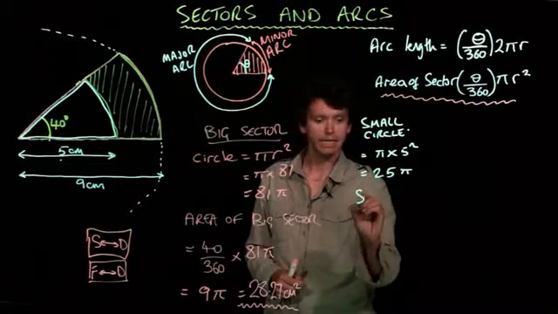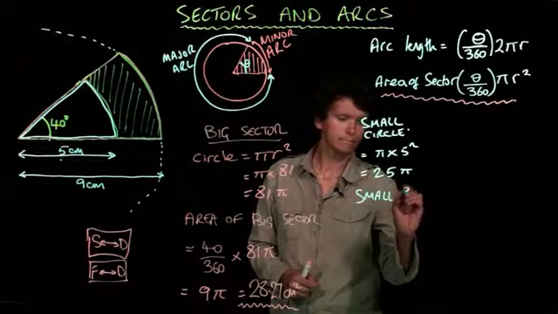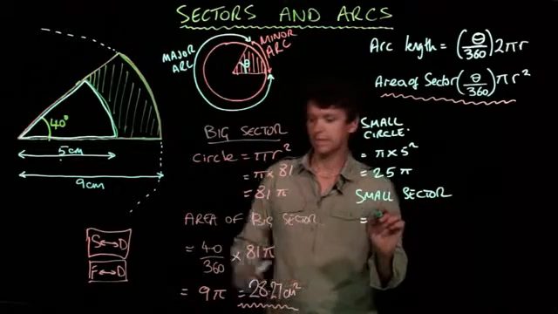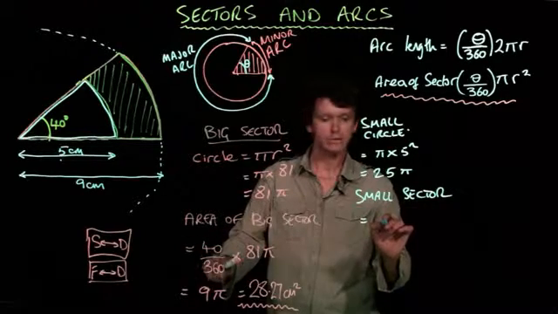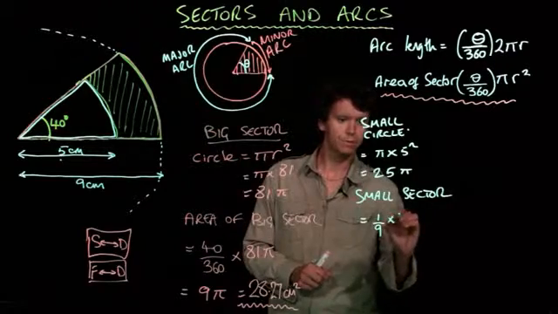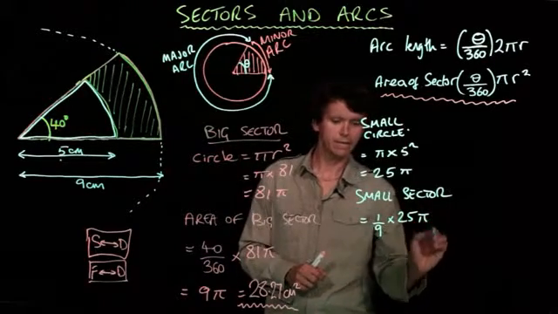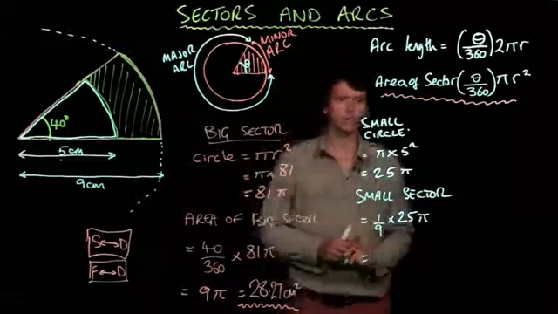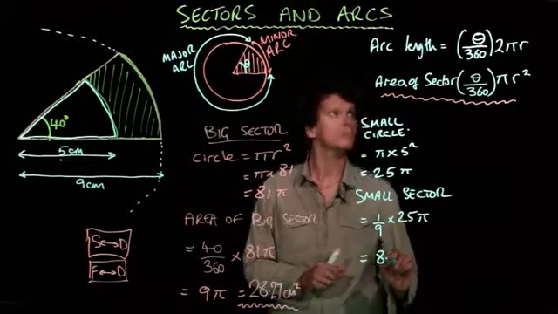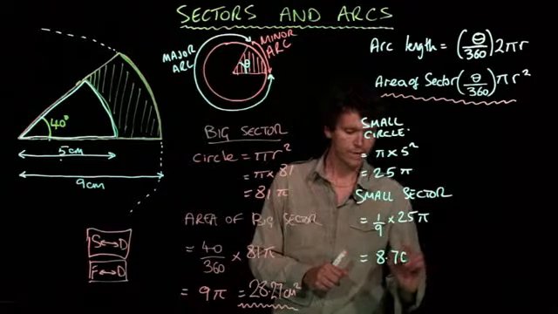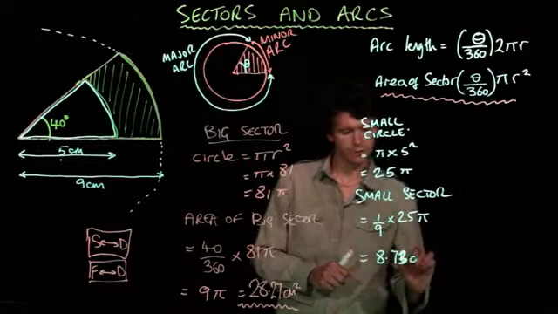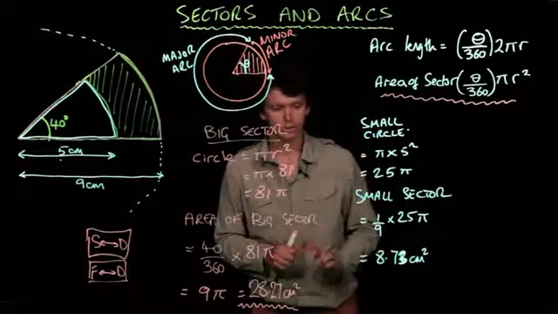So the small sector equals, again, 40 over 360. If you remember, that cancels to a ninth. 1/9 times by 25 pi. Calculator job there once again, and that will return you an answer of 8.73. 8.73 centimetres squared.